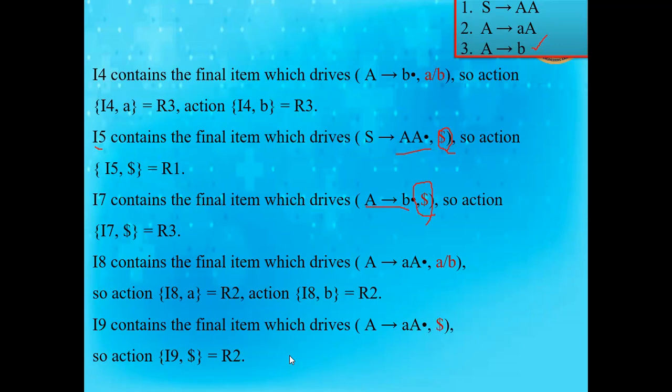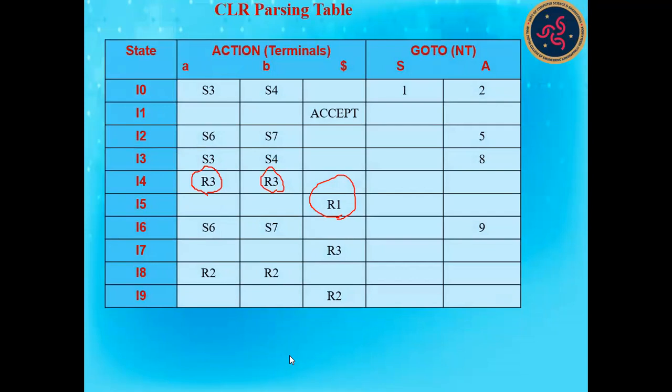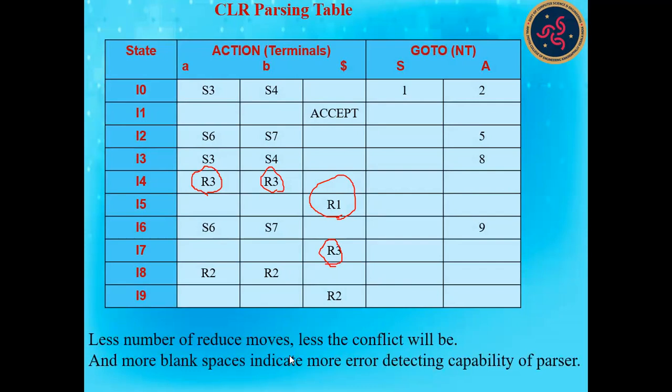Similarly for I8, the lookahead symbols were A and B for R2. Here we see that there are fewer reduce moves.